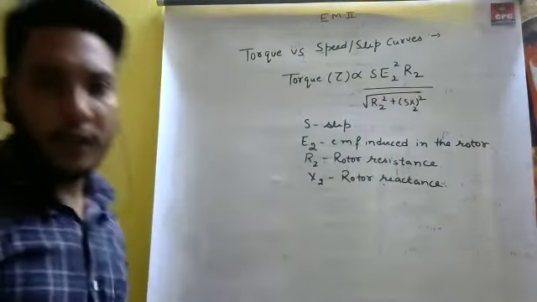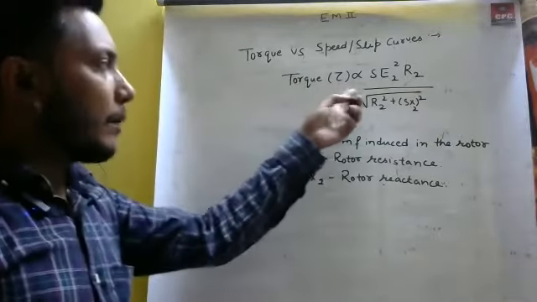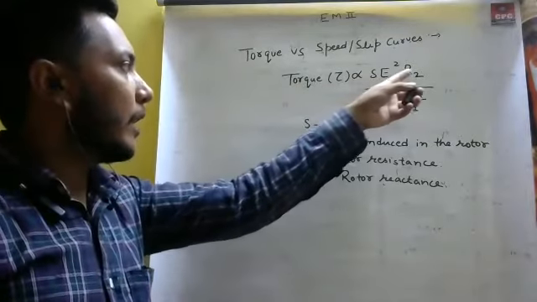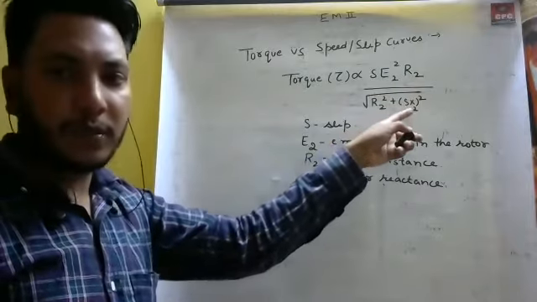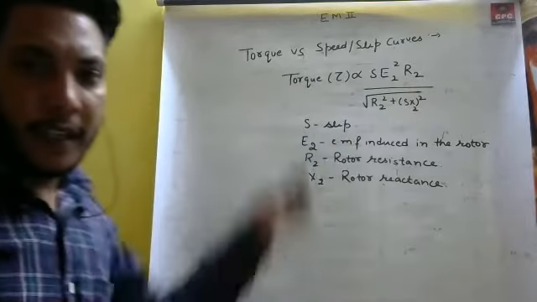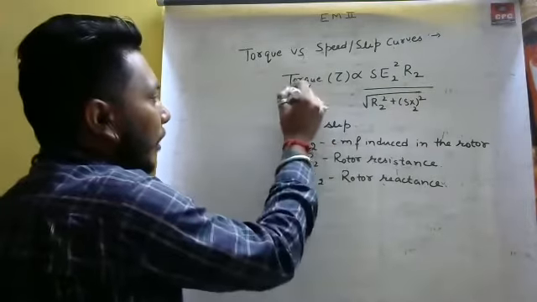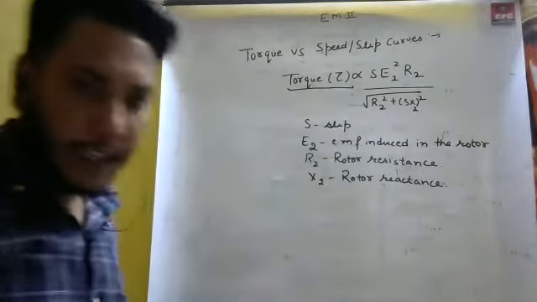This is the formula of torque: torque is directly proportional to S into E2 squared into R2 upon R2 squared plus S into X2 whole squared. We calculated this torque in the previous lecture.